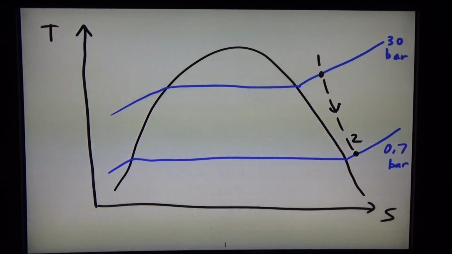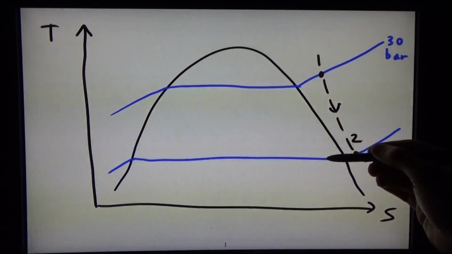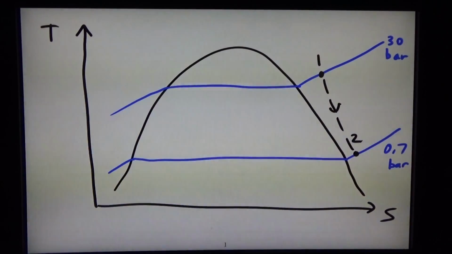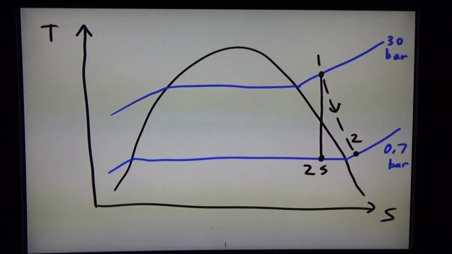For the isentropic process, we can also show that on this graph. The isentropic process should have entropy S2S equal to S1. So it ends up right here, which is good because that is a saturated mixture, like we found for state 2S. We want to notice here that T2 is higher than T2s.